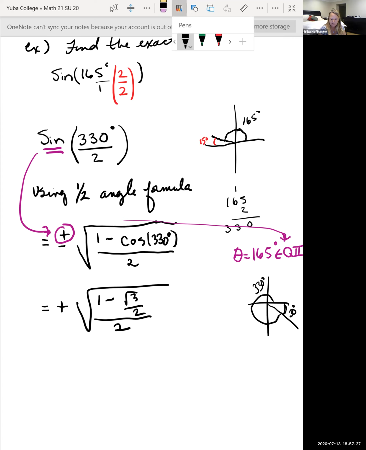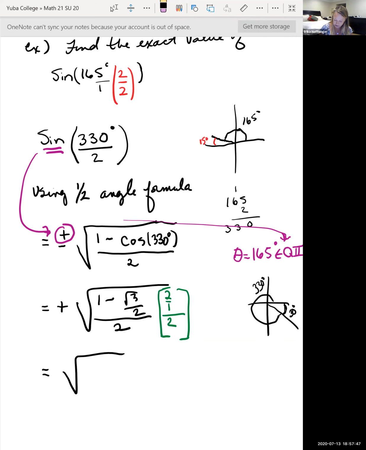So let's get rid of this complex fraction underneath that radical, and we can do that by multiplying again by a fancy one, 2 over 2. I've got to distribute that too.